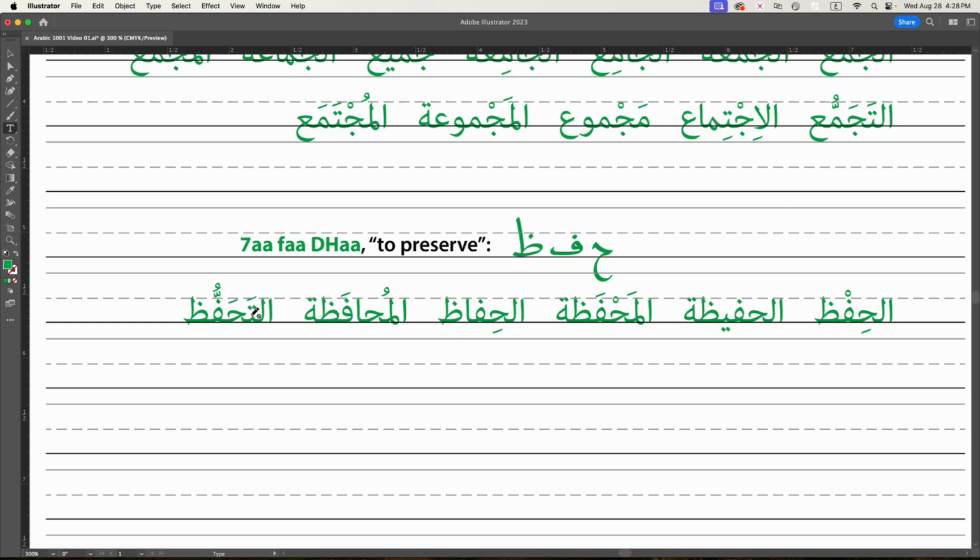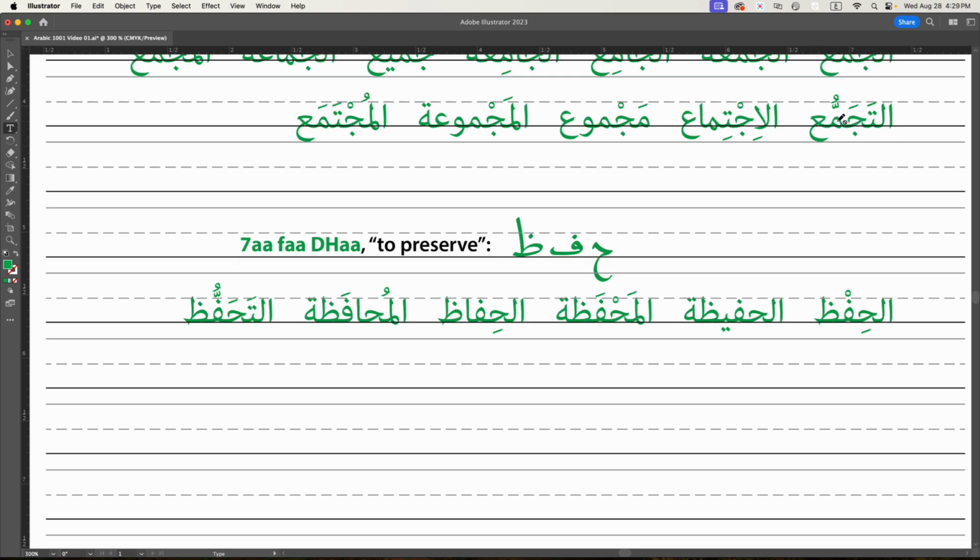A tahaffuz is, what would you call it in English? A precaution. Like you want to maintain things the way they are, so you go and take a tahaffuz to make sure nothing gets messed up. Now look here, we've got tahaffuz, we've got ta, and then the middle root letter gets shadda and dhamma. And then up here, we've got at-tajammu' for spontaneous gathering.